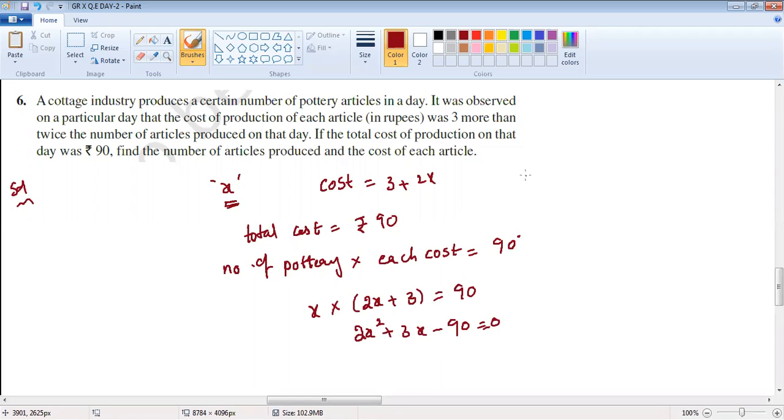So can you simplify this one and tell me the values of x? Let's solve it.